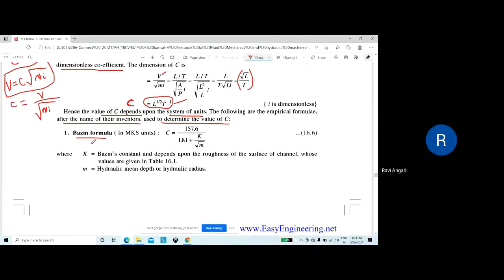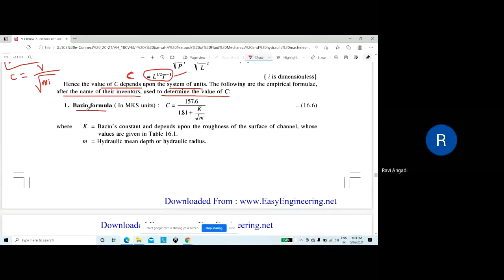First is Bazin's formula. Bazin is the name of a scientist who developed a way to calculate the value of C, given in the MKS system. The value of C is equal to 157.6 divided by 1.81 plus K divided by square root of m. This is the formula Bazin has given to calculate the value of C.